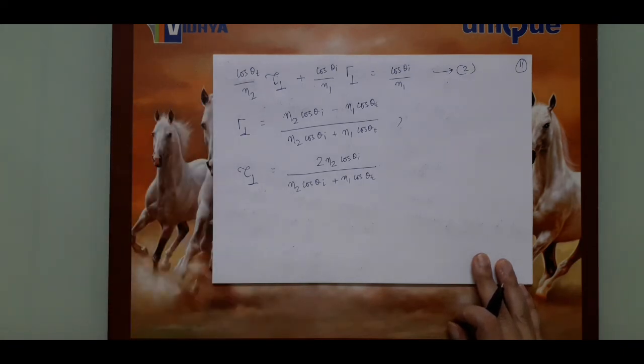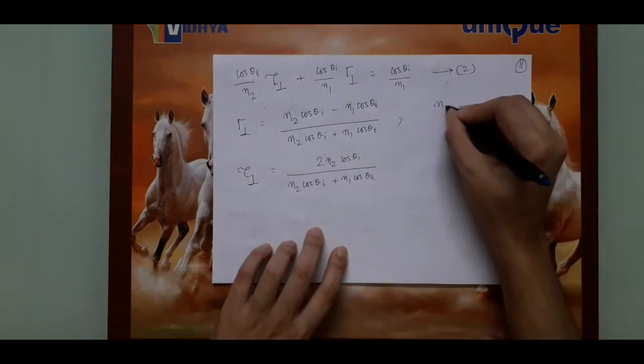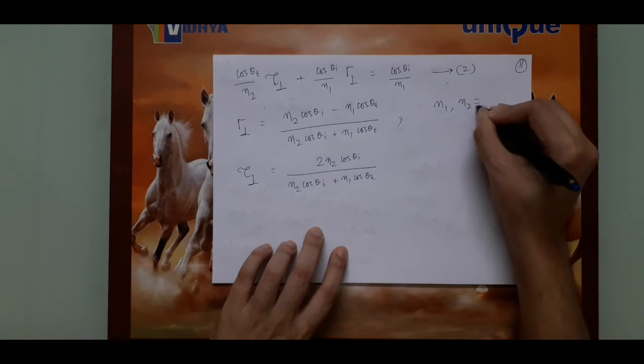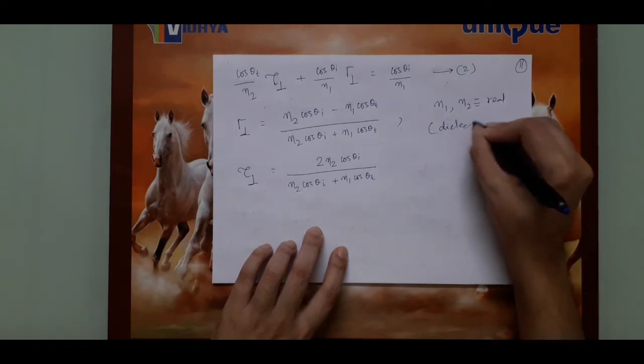So what do we observe? If the two media are dielectrics, we can say that eta1 and eta2 are real.